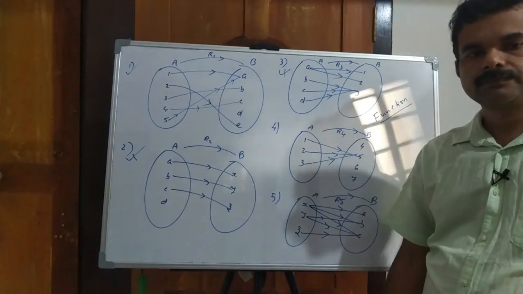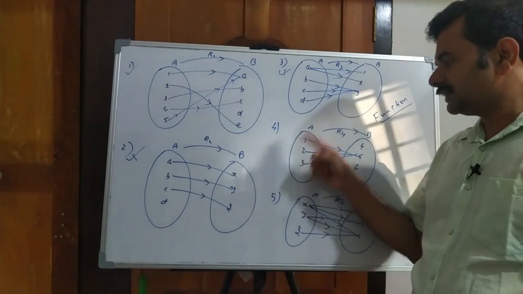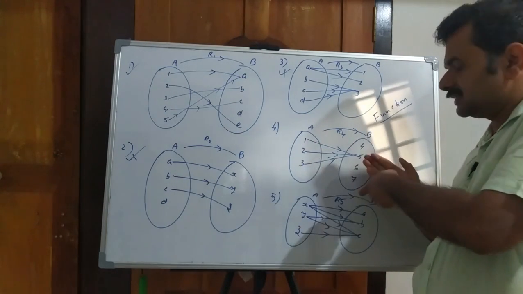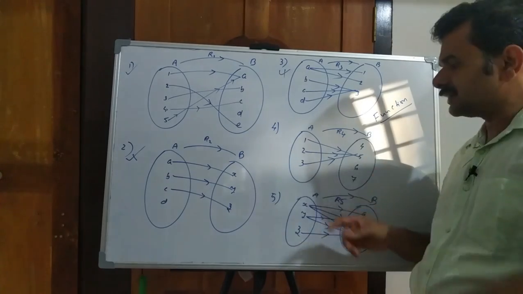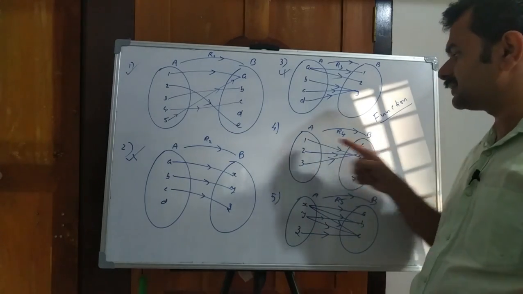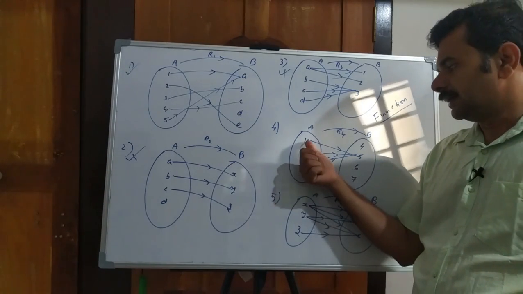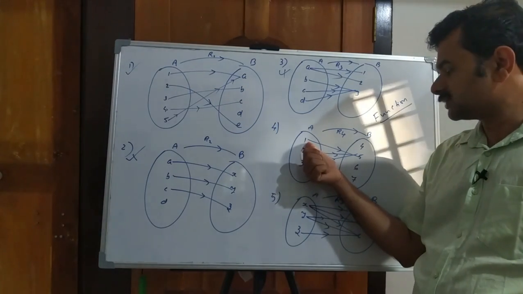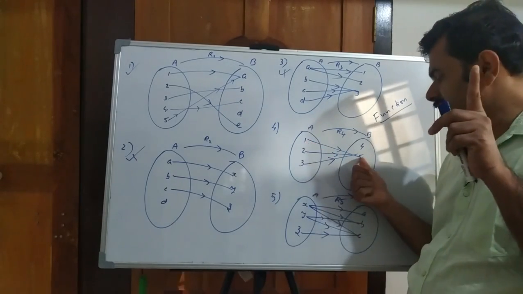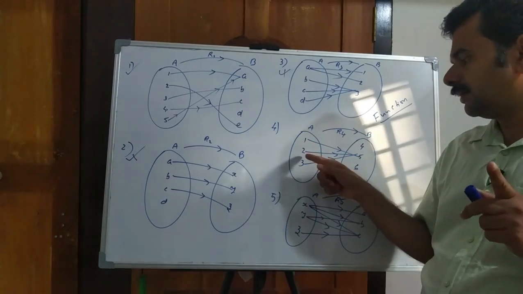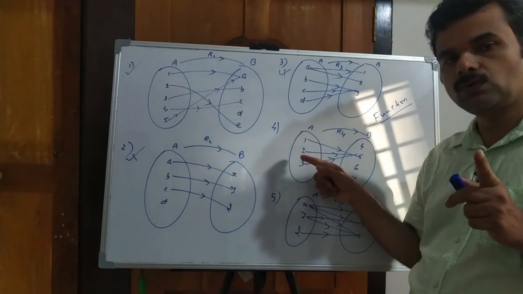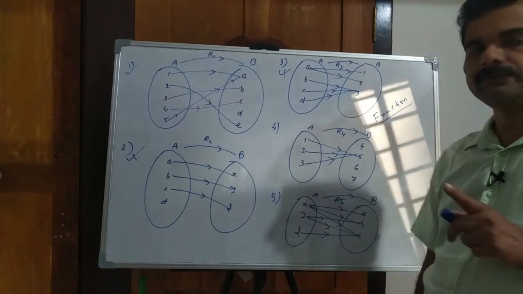What about this one? Are all elements connected with elements of the set B? Yes. Here an arrow mark is drawn from each element of set A. How many images for 1? Only one, that is 5. How many images for 2? Only one, that is 5.